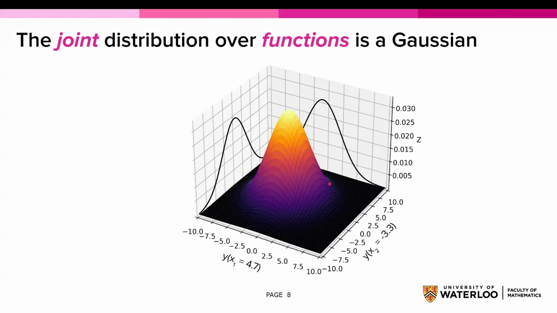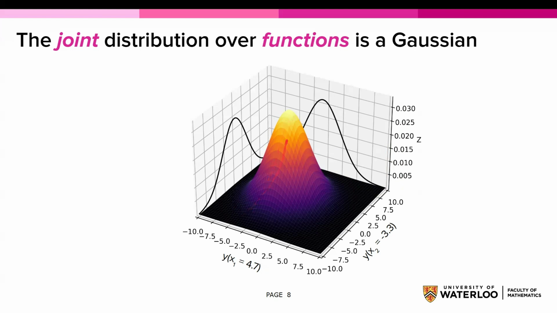And so the 3D plot here shows this joint distribution over function values at two different inputs, x1 and x2. The horizontal axes represent the function values at x1 and x2, and then the vertical axis represents the probability density of the joint distribution. And so the peak in the center here corresponds to the mean values for both inputs.